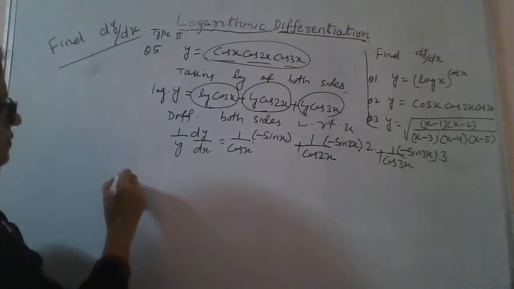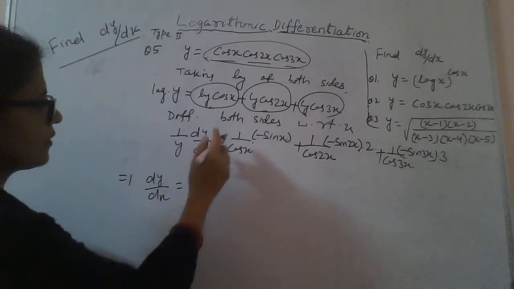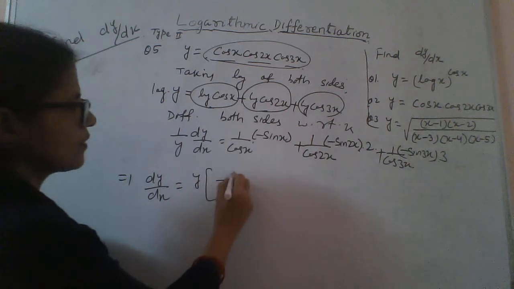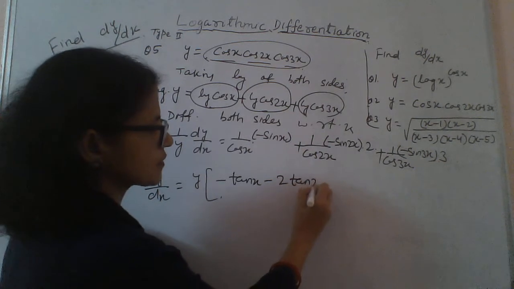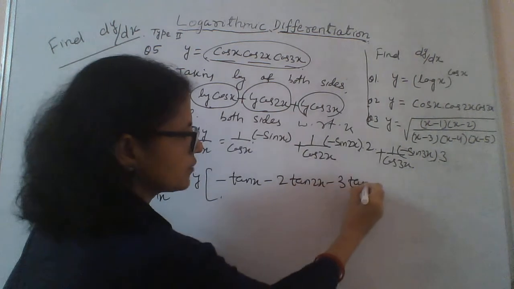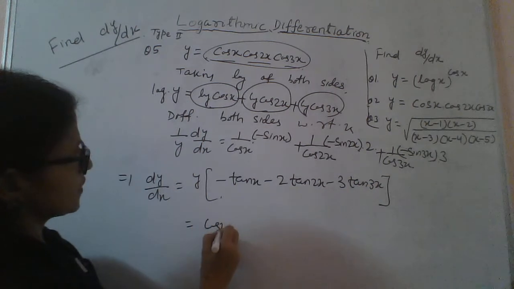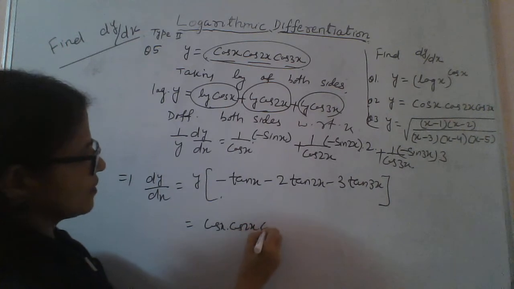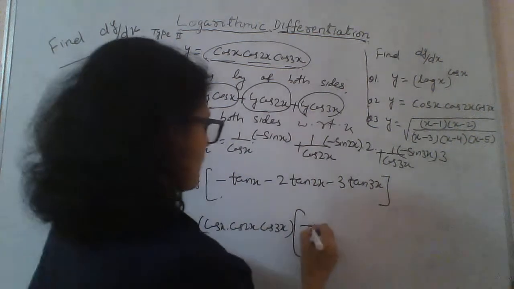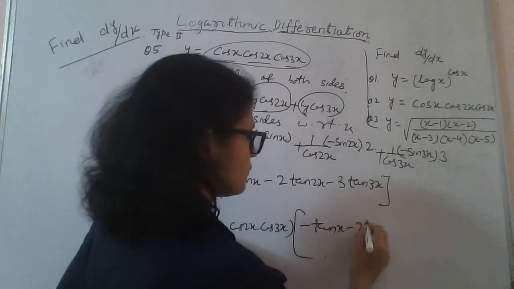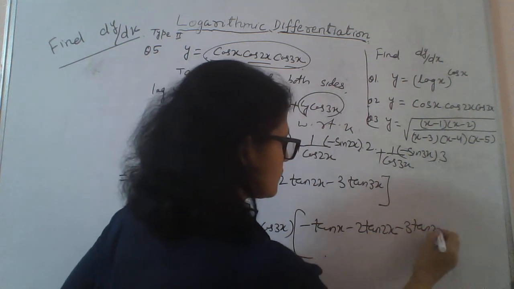So this implies dy by dx equal to y into minus tan x minus 2 tan 2x minus 3 tan 3x. So y is what? cos x, cos 2x, cos 3x into minus tan x minus 2 tan 2x minus 3 tan 3x.